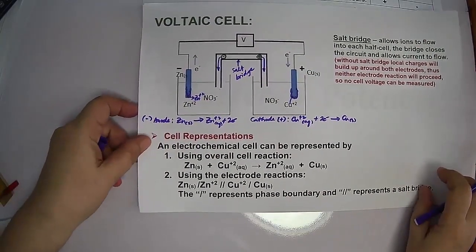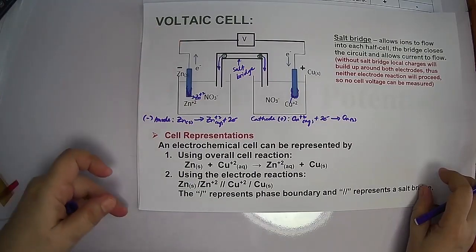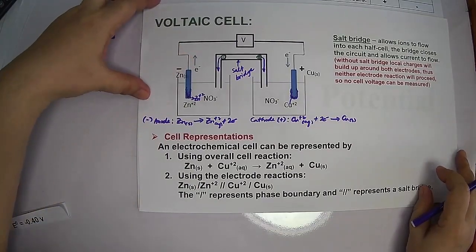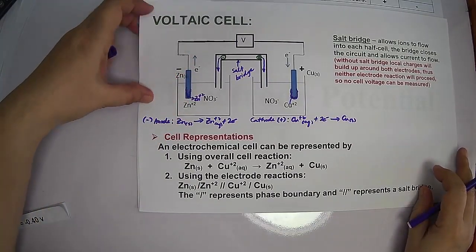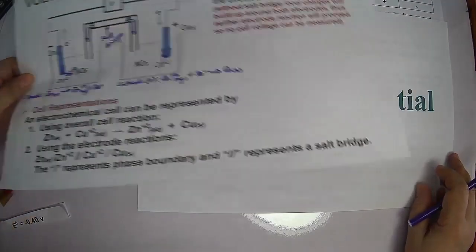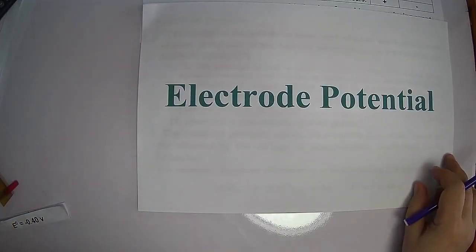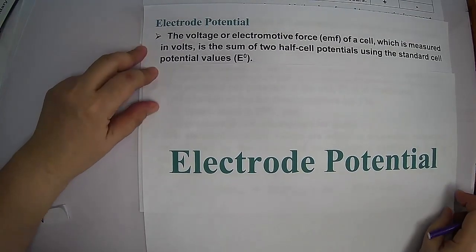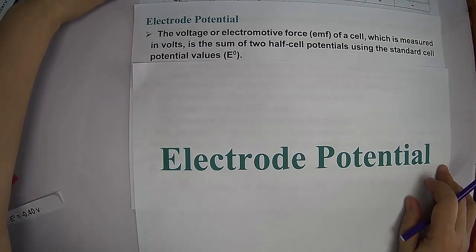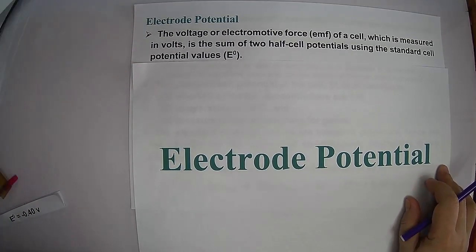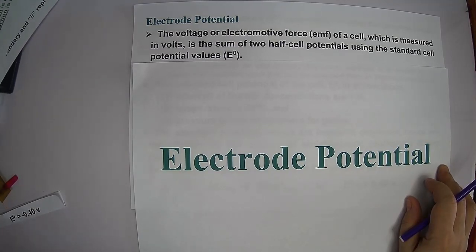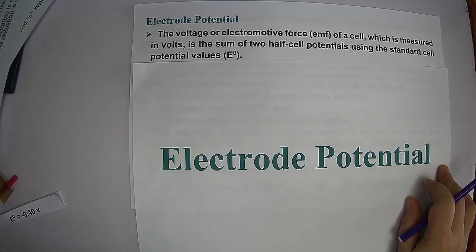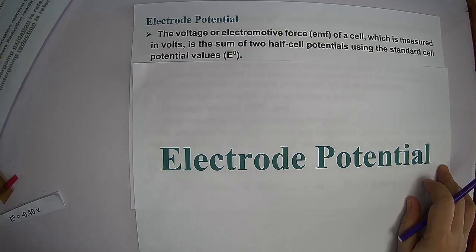Now, how do we determine the potential of the two half cells? That is called the electrode potential. The electrode potential is the voltage or the electromotive force of a cell, which is measured in volts. It is the sum of two half cell potentials using the standard potential values.